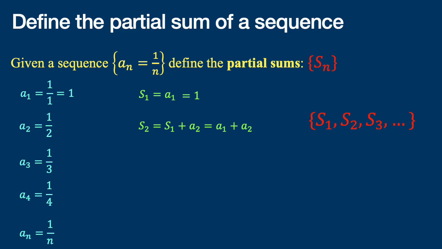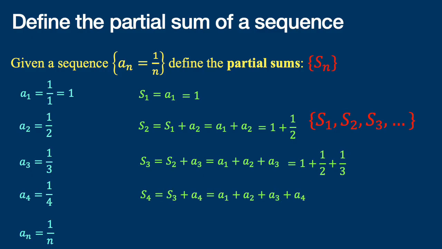S1 is a1, so a1 plus a2, which means you add the first two terms, 1 plus 1/2. S3 is going to be S2, the second partial sum, plus the third term of the sequence a3, which means a1, a2, a3, you add the first three terms. S4 is going to be S3 plus the fourth term of the sequence, which means a1, a2, a3, a4, you add the first four terms. That's going to be 1 plus 1/2 plus 1/3 plus 1/4.